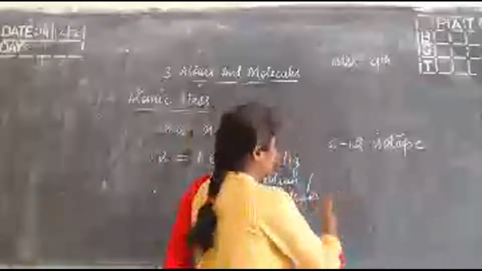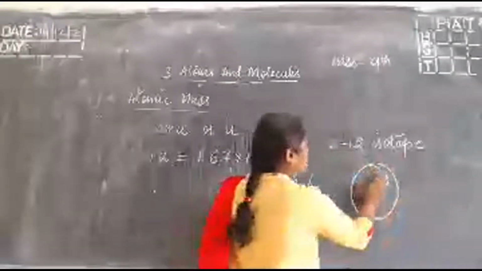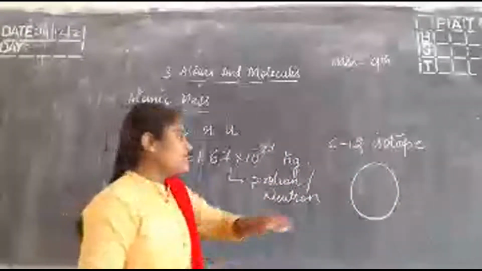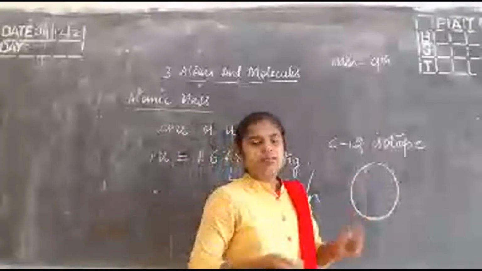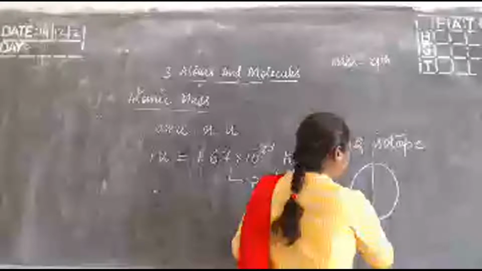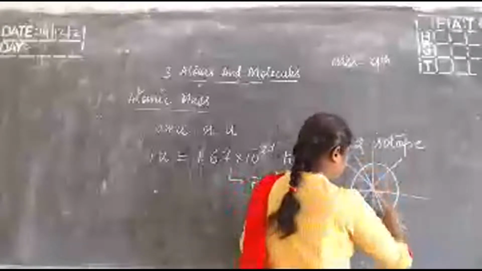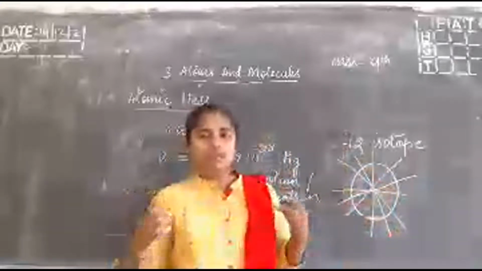What they did is, consider this as a carbon atom, or imagine that this is some fruit, like a watermelon. They first divided this whole into 12 equal parts.